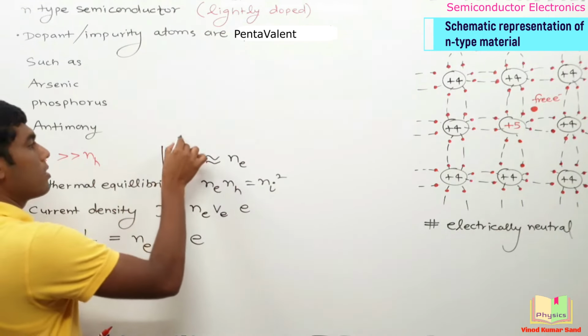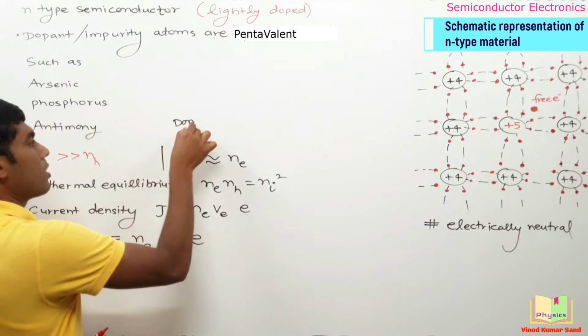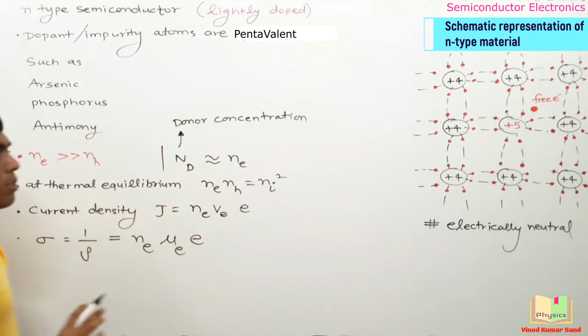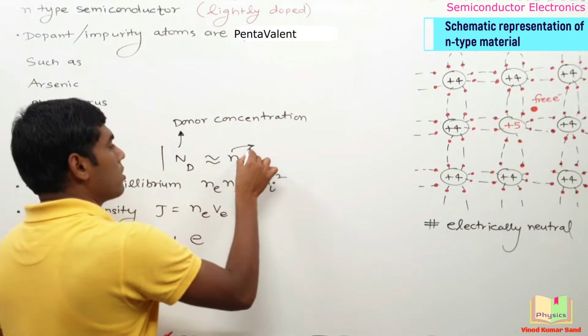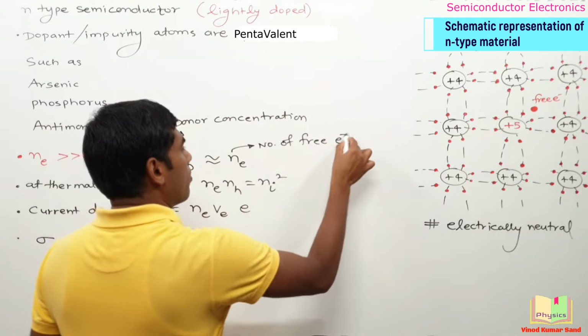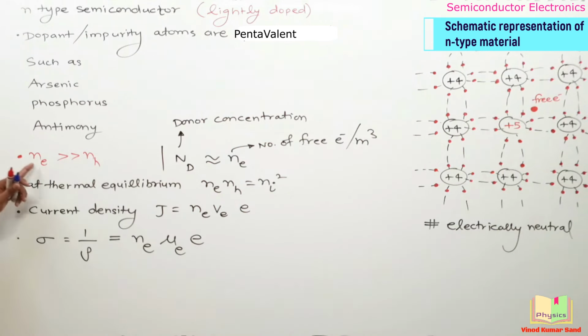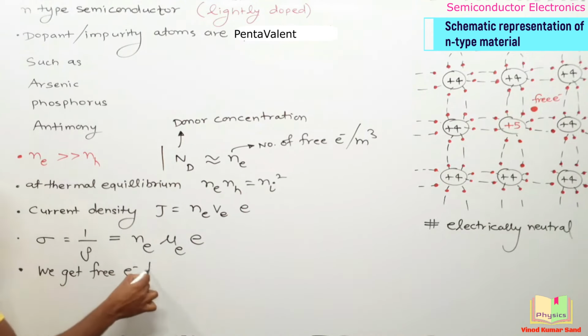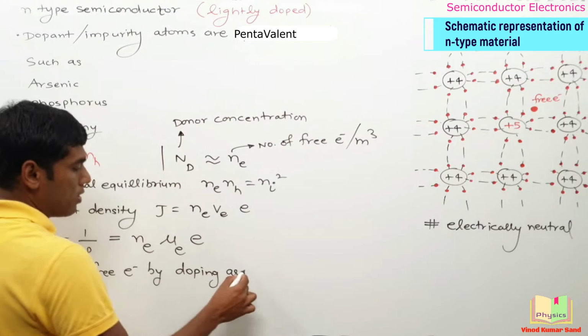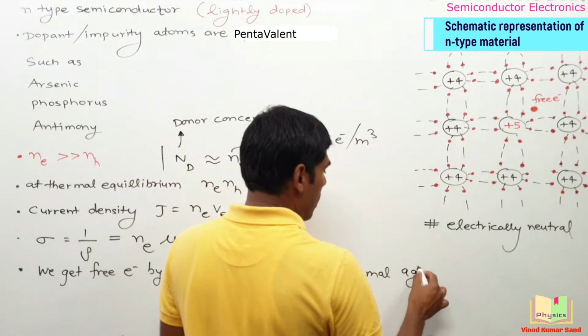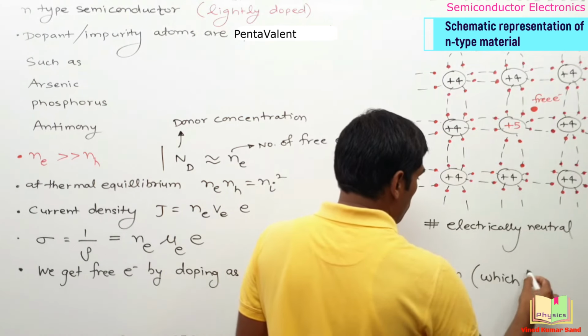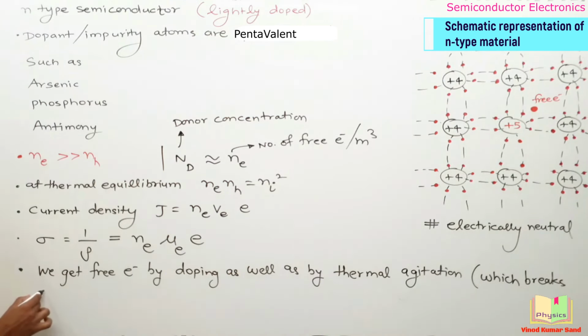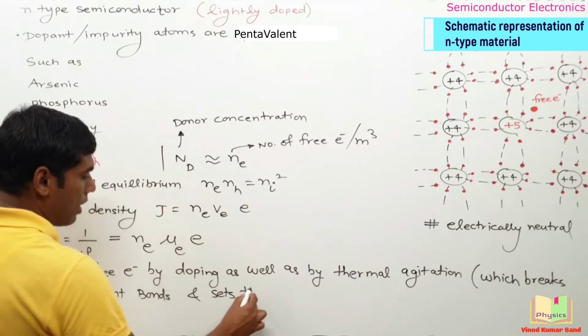This Nd indicates the donor concentration, and Ne we already know is the number of free electrons per unit volume, free electrons per meter cube. The free electrons are obtained from two sources. We get free electrons by doping as well as by thermal agitation, which breaks the covalent bonds and sets the electron free.